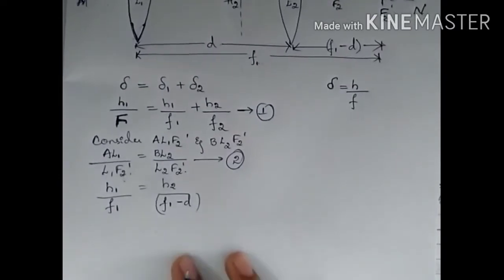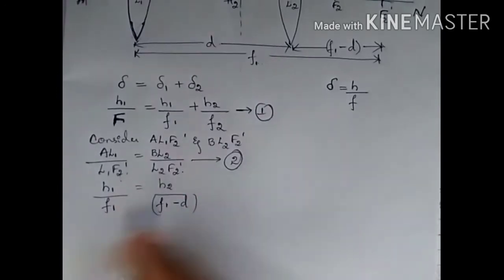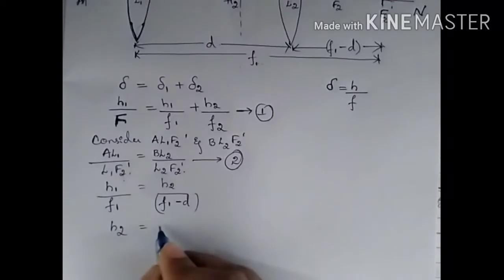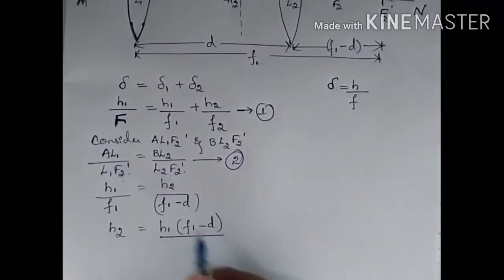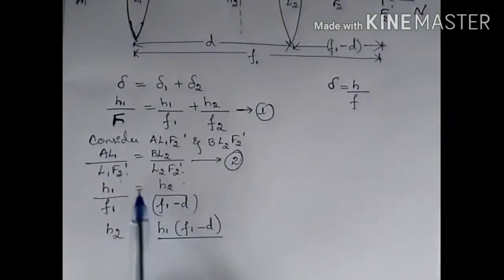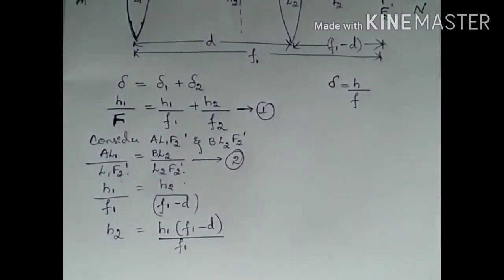So you got h1 by f1 is equal to h2 divided by f1 minus d. In this, let us write for h2. h2 will be h1 times f1 minus d divided by f1.